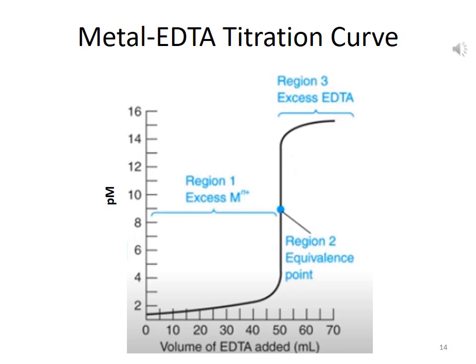At this point they form a stable complex, and from the starting point, as we increase the amount of EDTA, at one point the reaction will be completed. After that, in region 1 there are excess metal ions present. Region 2 is the region of the equivalence point, where equal numbers of EDTA and metal ions are present, and in region 3 EDTA is in excess.